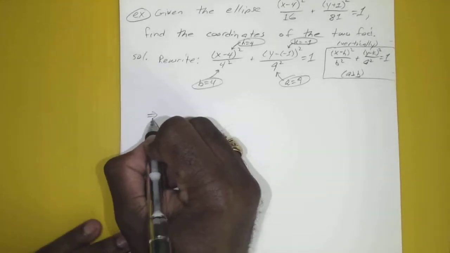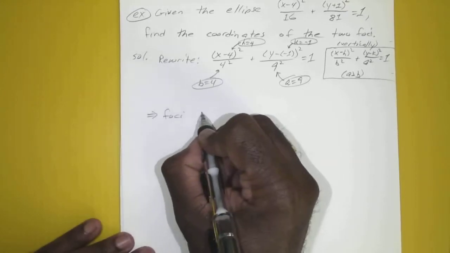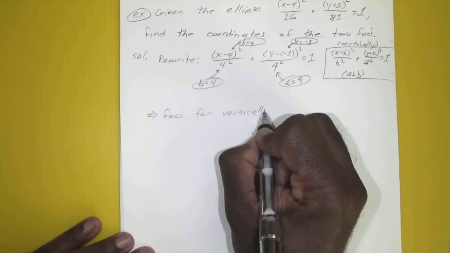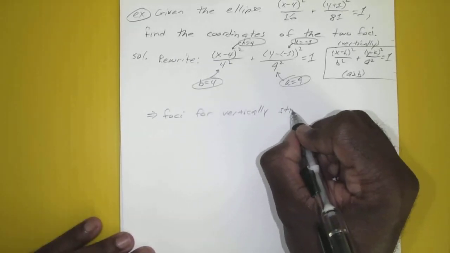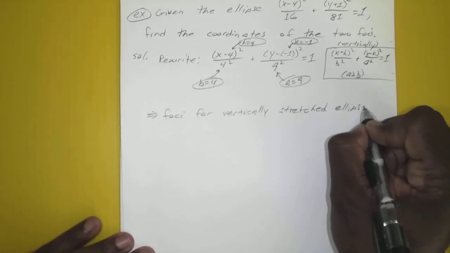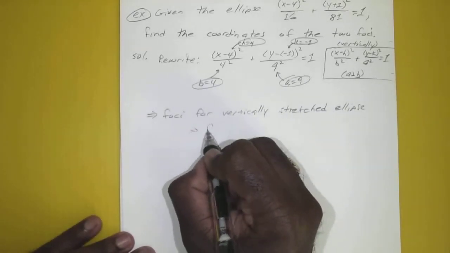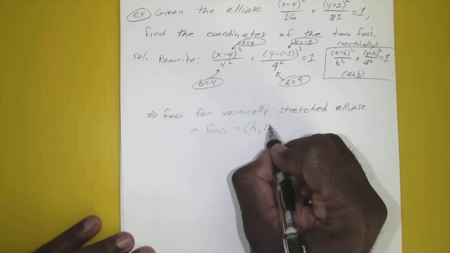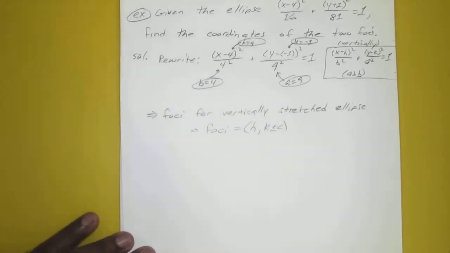Okay. Now to find the focus point, for a vertically stretched ellipse, it's h, k plus or minus c.